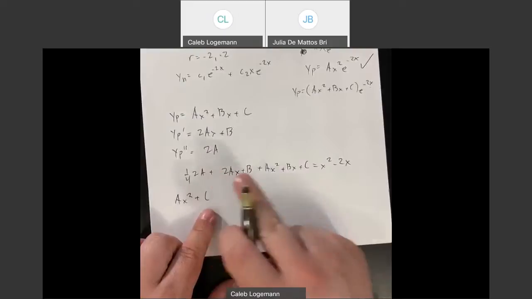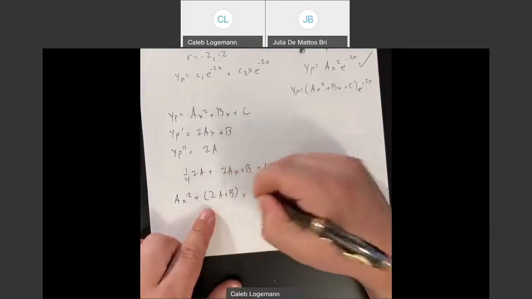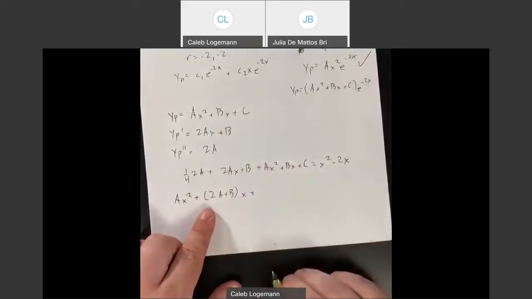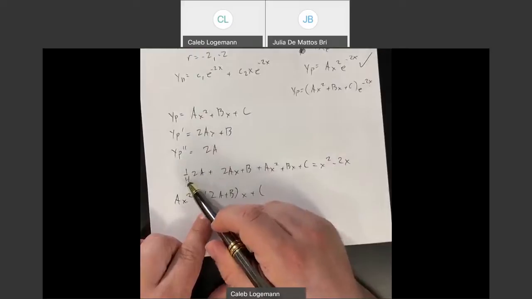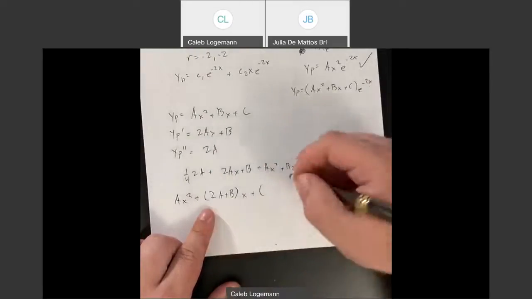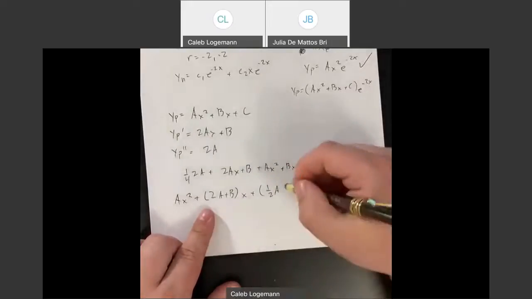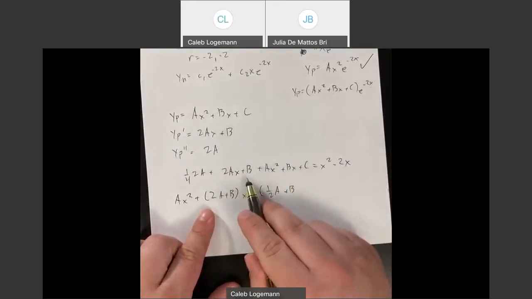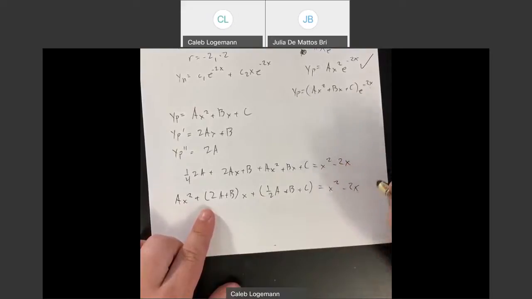We have 2a plus b, so 2a plus b times x, plus all of our constant terms. 2 times a quarter is 1/2, so we have 1/2 a plus b plus c as our constant term. And that should equal x squared minus 2x.